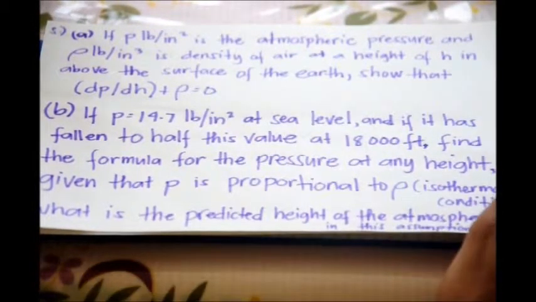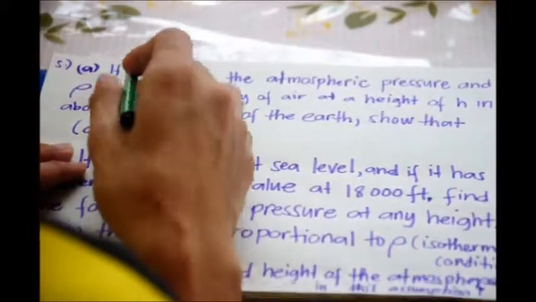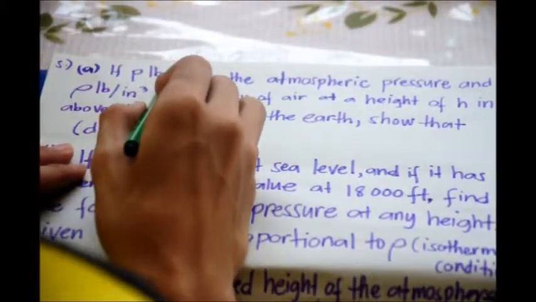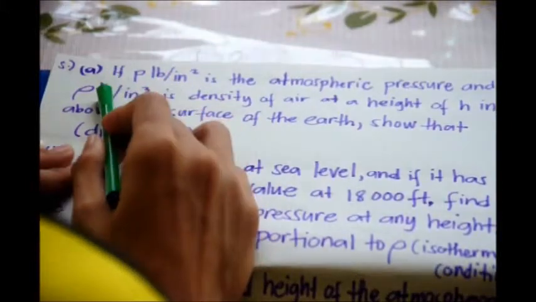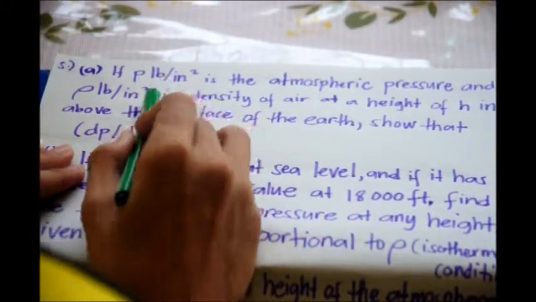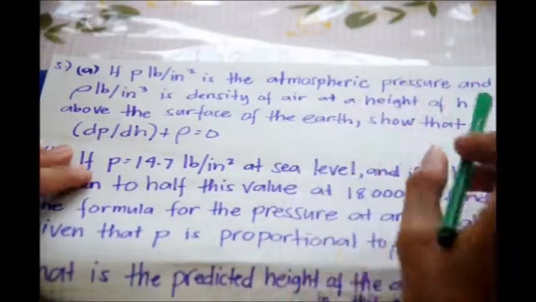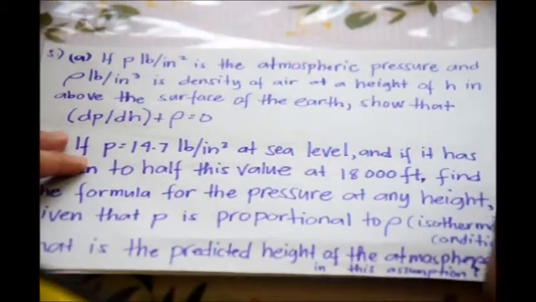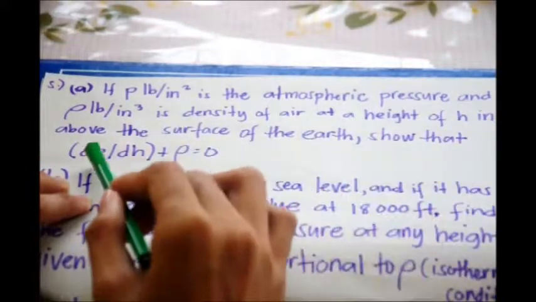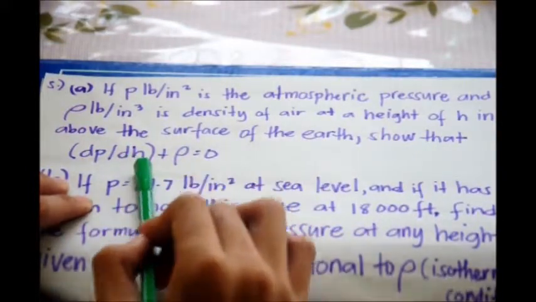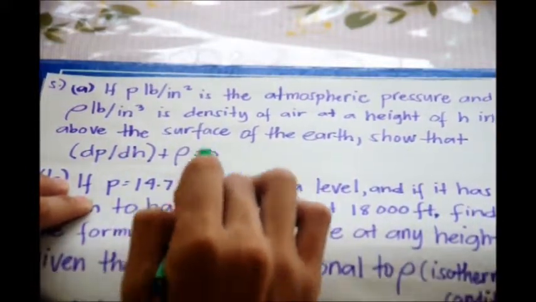For the last question, if P pounds per inch squared is the atmospheric pressure and rho pound per inch cube is density of air at a height of h inches above the surface of the earth, show that dP over dH plus rho equals 0.